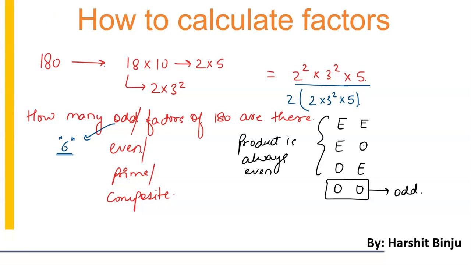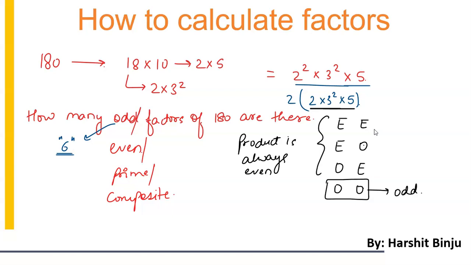So whatever total number of factors you get from the rest, you multiply it by 2 and you'll get an even factor. My bad, not an even number of factors; the result that you'll get will be an even factor.